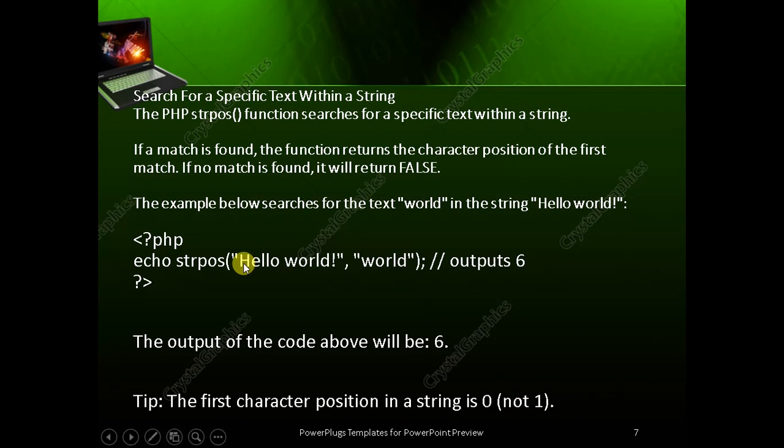Okay, so 0, 1, 2, 3, 4, 5, including the space, and then 6. Okay, so 6 with the letter W. Okay, so it will output the first letter of the word you're searching for.